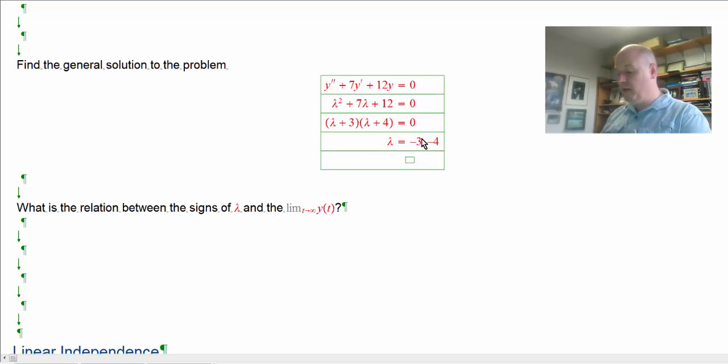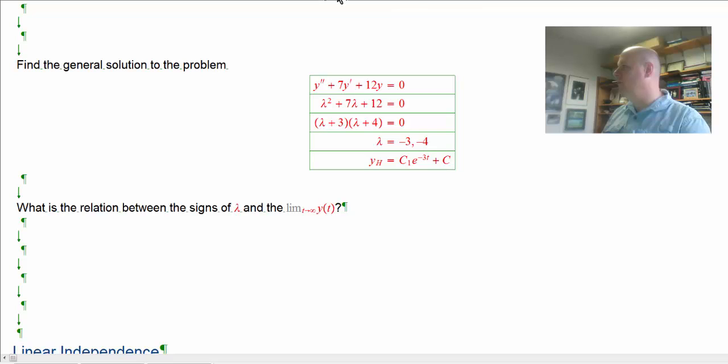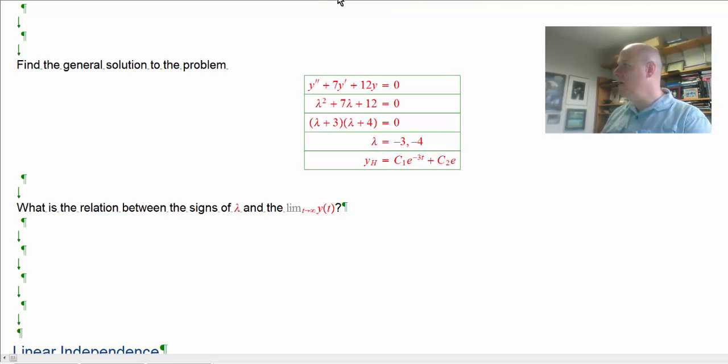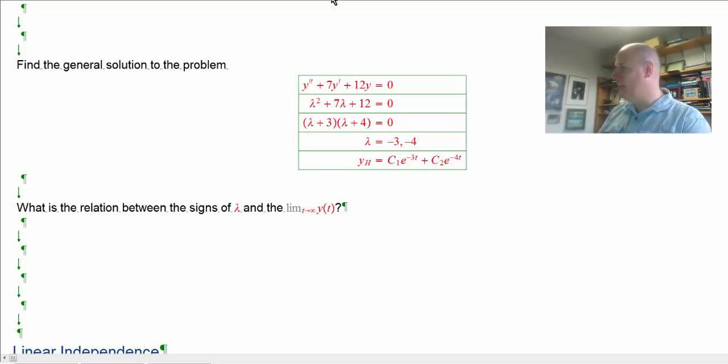So now I can just straight write down the solution. The homogeneous solution is equal to some constant e to the -3t, there's the first solution, plus some constant e to the -4t. Done. We've solved this differential equation. I can't find the c's because we don't have the constants.